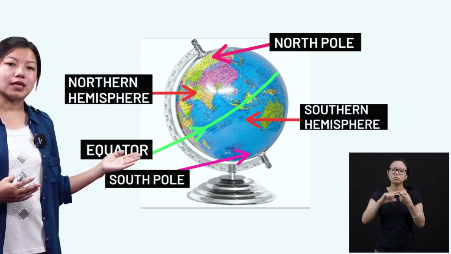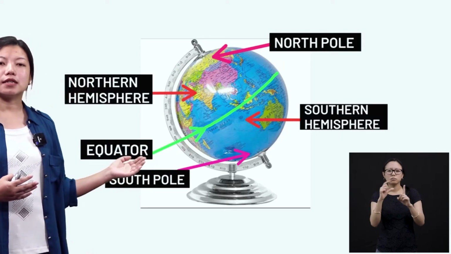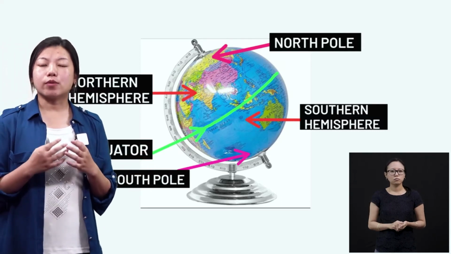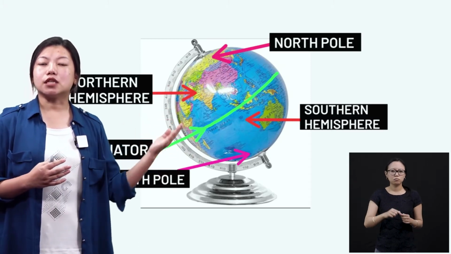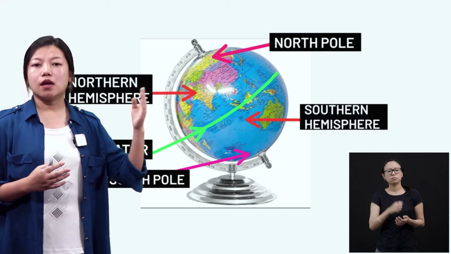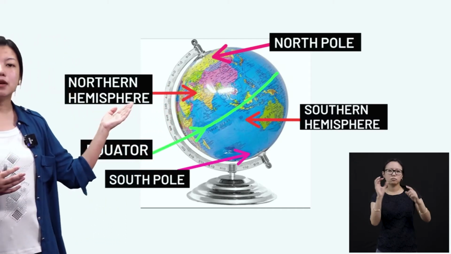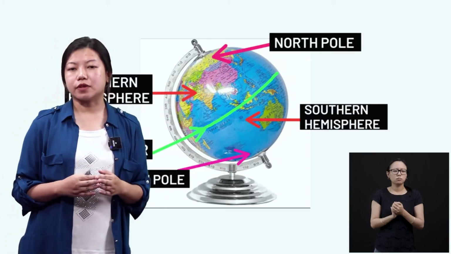Okay, so the line in the middle I have marked with green color. It is known as equator. Okay, equator. Now equator is the line that is separating the earth into 2 parts, right? One at the top, northern hemisphere, one at the bottom, southern hemisphere.